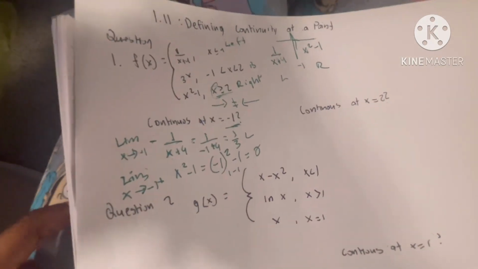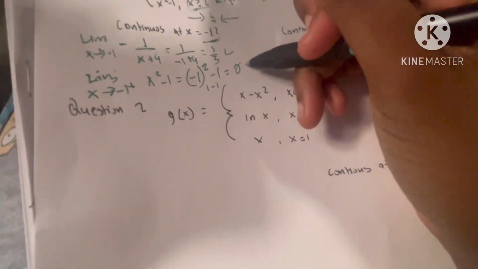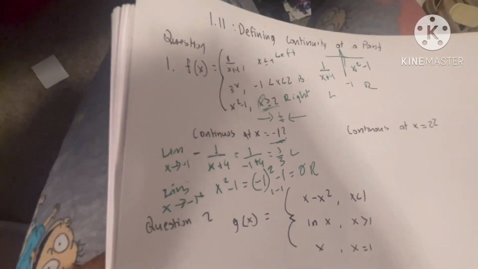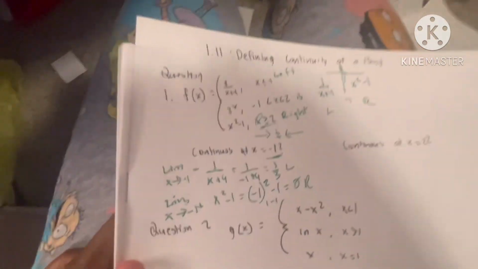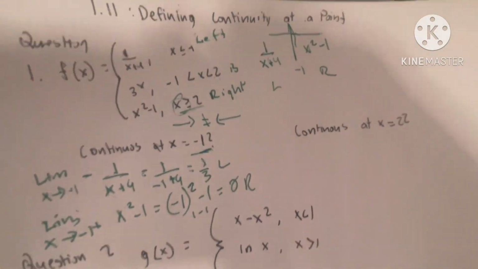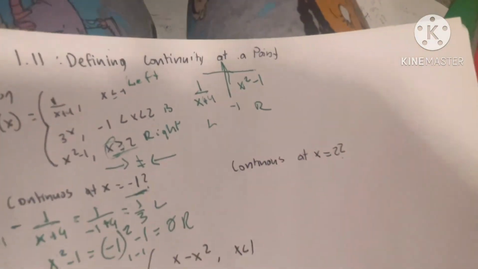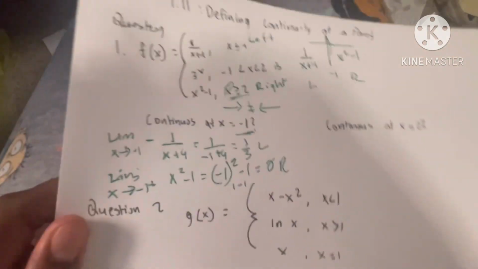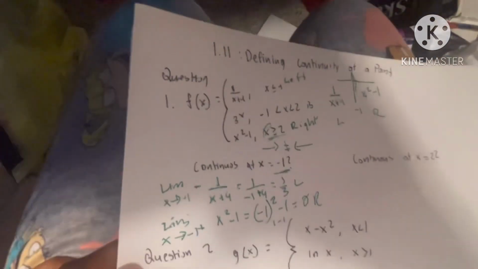That will equal 0. And as you can tell, the left and the right do not equal. So that means the instantaneous point for x equals -1 will not exist. It will probably be like a hole in your graph.